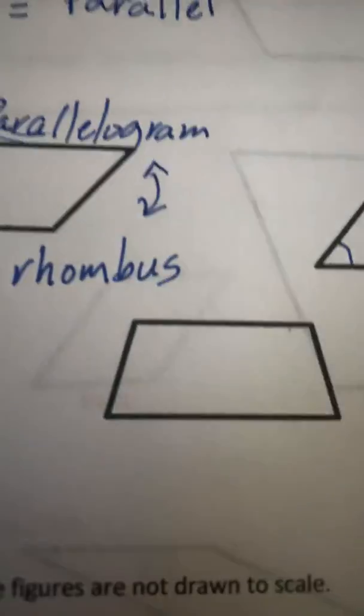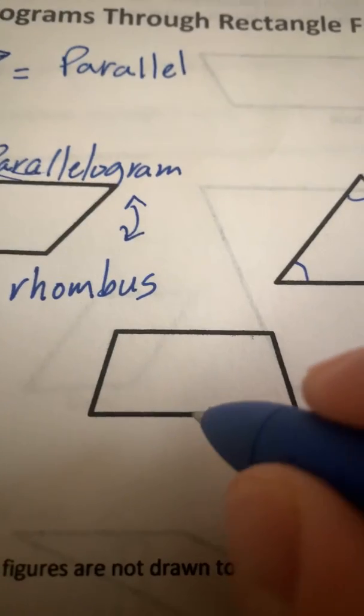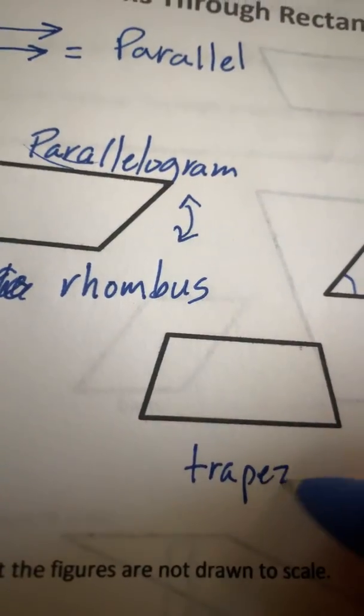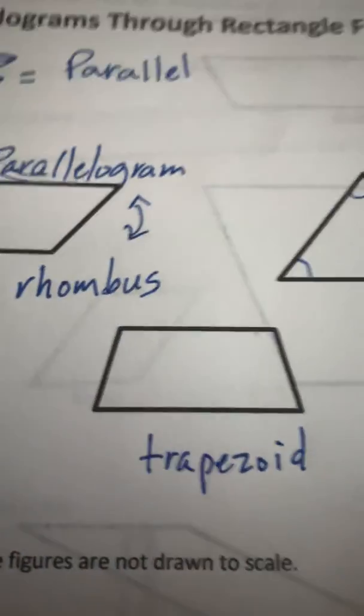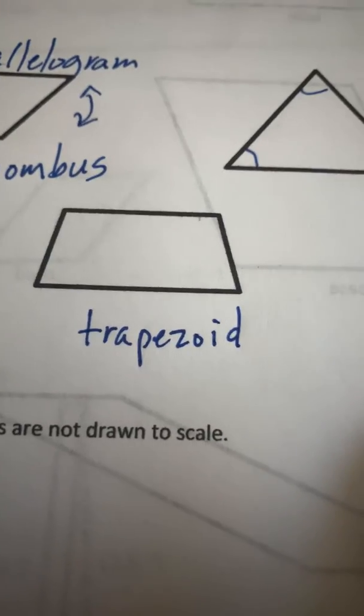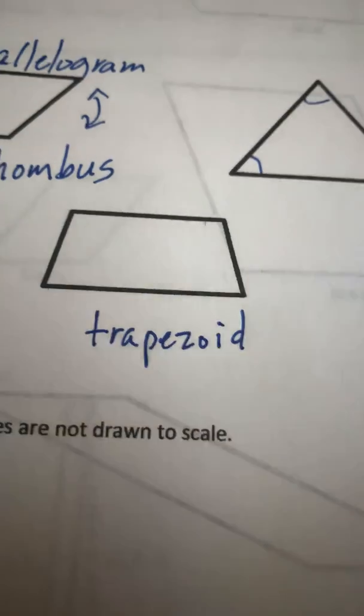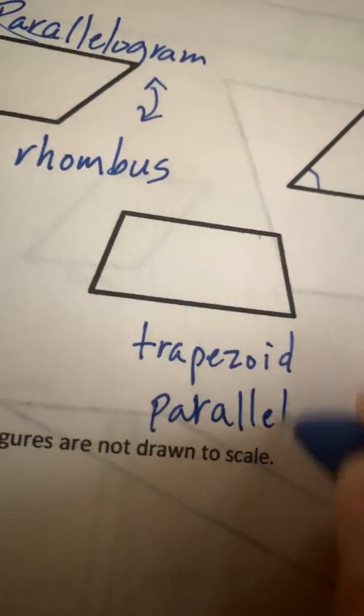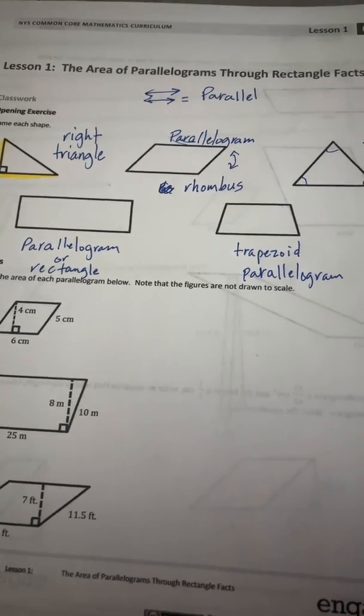And then the last one, this is also a parallelogram, and the very specific name to it, we call it a trapezoid. All right, this is a trapezoid, which is also a parallelogram. Okay, so these are the different names of the shapes that we have.